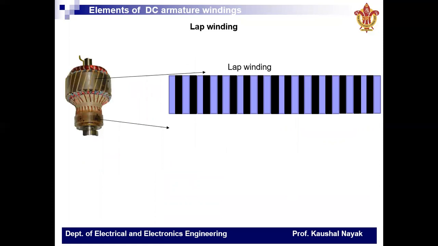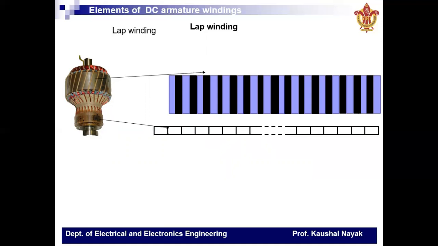Lap winding. In simplex lap winding, the coils having two coil sides are connected to the two commutator segments as illustrated.